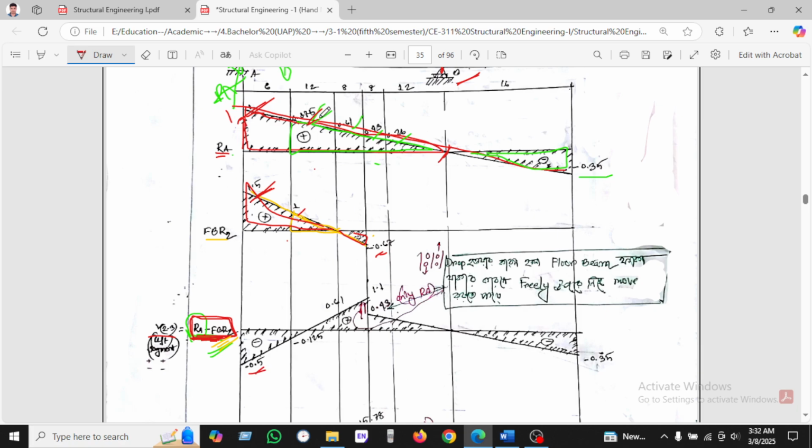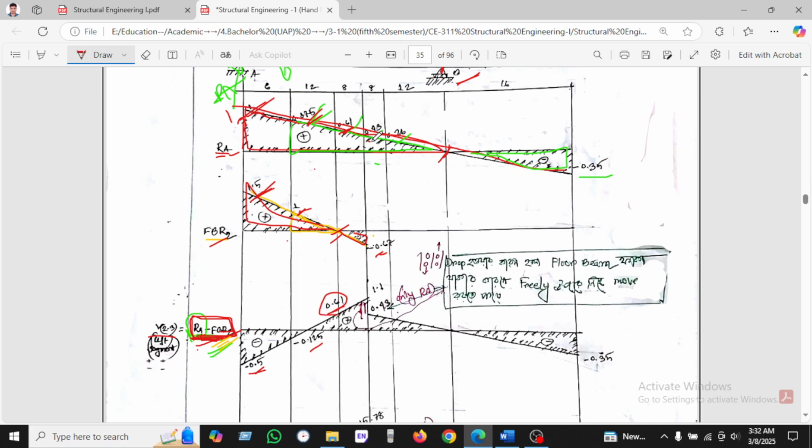And similarly 0.875 minus 1, as we know RA minus floor beam. This is the RA and this is the floor beam. So 0.875 minus 1 will be minus 0.125. And again RA is known, 0.61, and floor beam is 0, that's why 0.61 minus 0 will be positive 0.6.